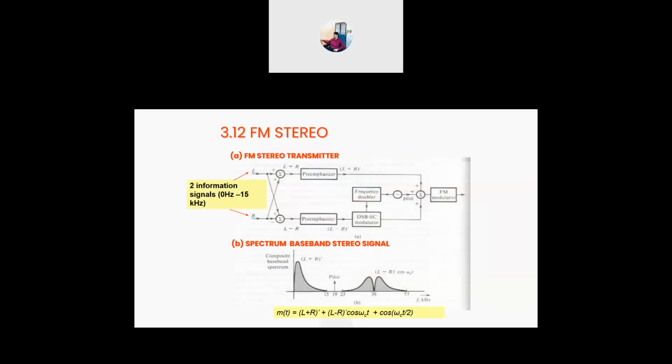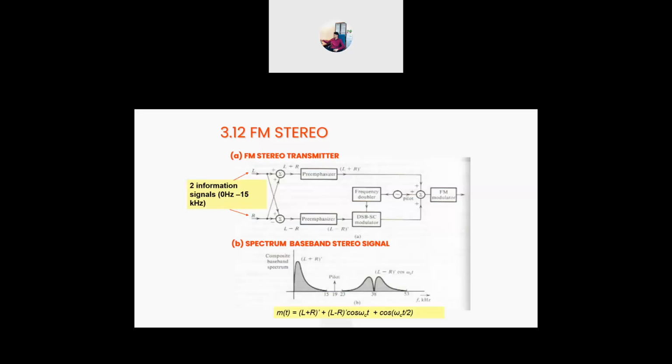So this is basically our FM stereo transmitter. Please refer to the module for clearer figures. We have two information signals, from 50 hertz to 15 kilohertz: this is from the left source and this is from the right source.